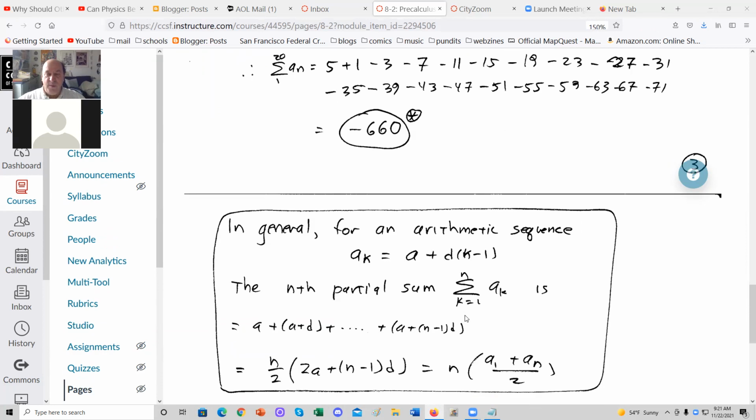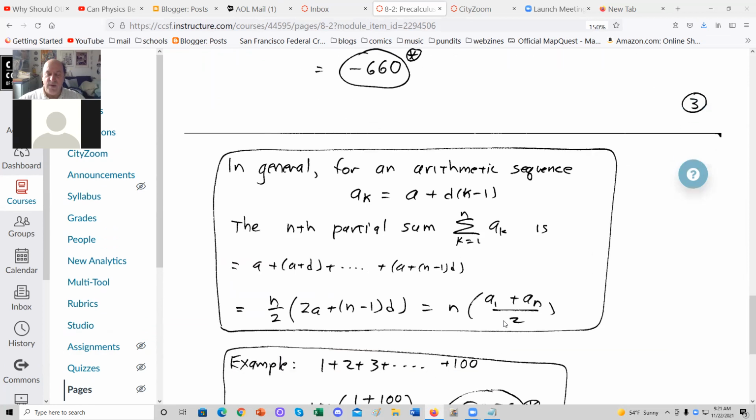Now, there's a general formula for an arithmetic sequence. So we have a sequence a plus k minus 1 times d. Then the sum of the first n terms, a plus a plus d plus up to a plus n minus 1 d, turns out to be, here's the easiest formulation: the number of terms times the first plus last over 2.